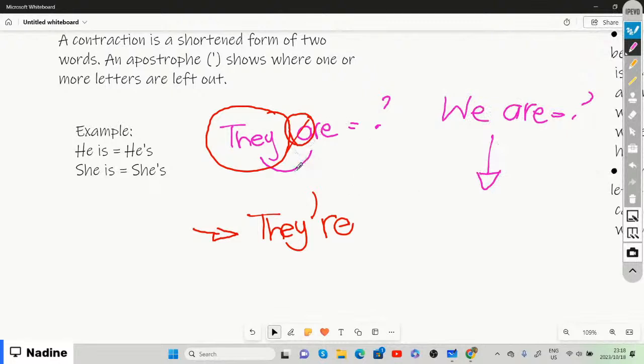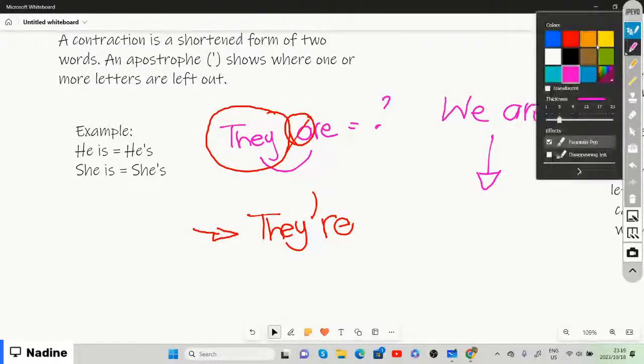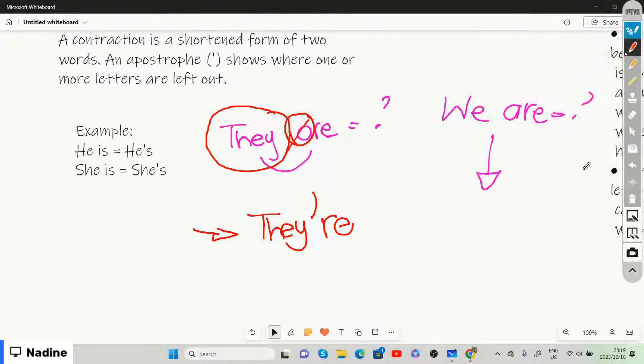It's going to be similar to they are, where the letter that was left out is the same letter that's going to be left out with we are. So we write we, apostrophe, re. We left out the A and we put the apostrophe there. So, we're.